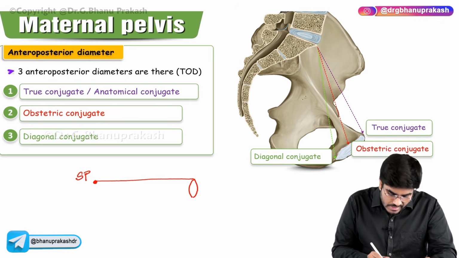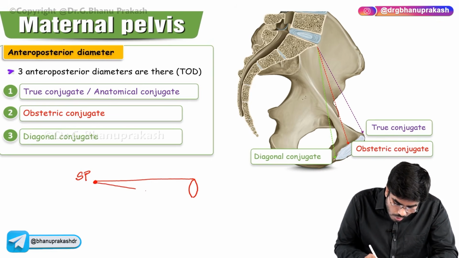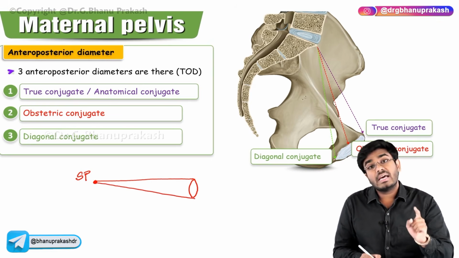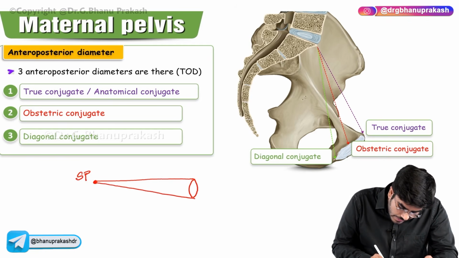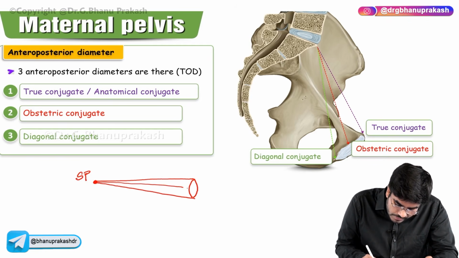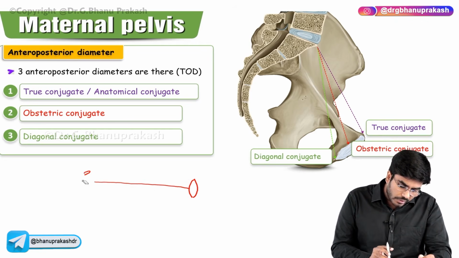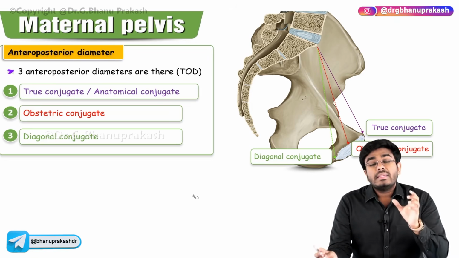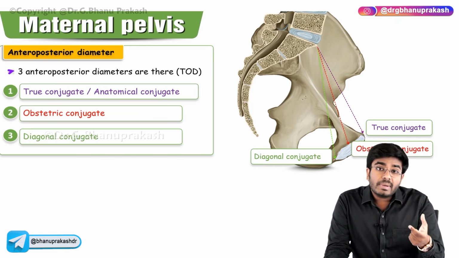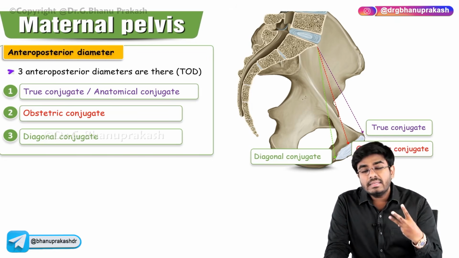Another is from the sacral promontory to the lower border of the pubic symphysis, and from the sacral promontory to the middle of the pubic symphysis, one more diameter. So in the antero-posterior diameters itself, there are again three.